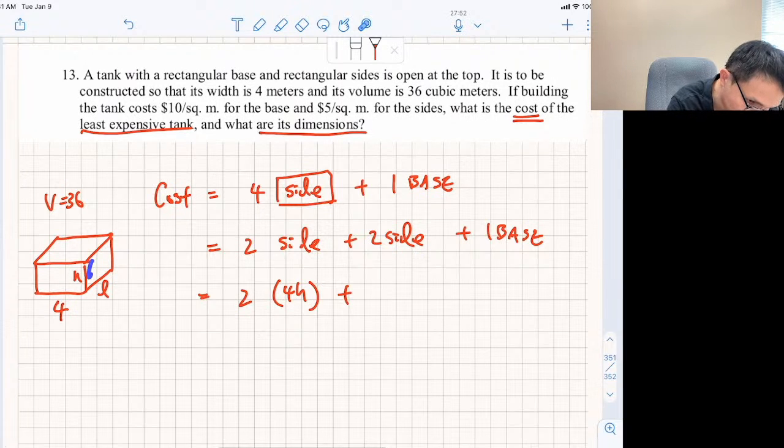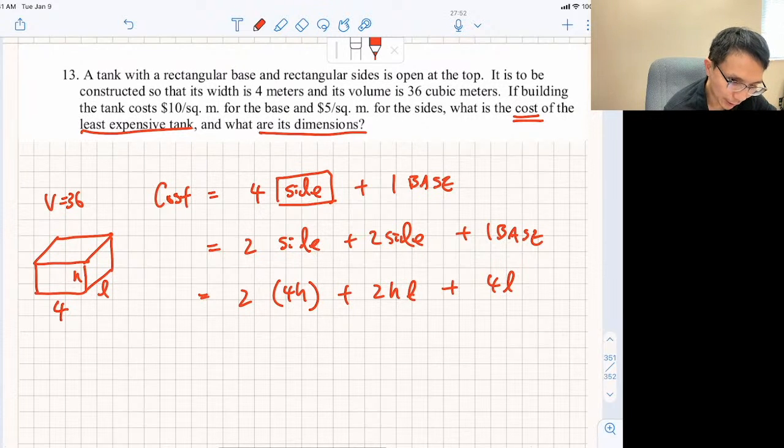The other two sides are HL, so that is 2 times HL, plus the base, which is 4L.